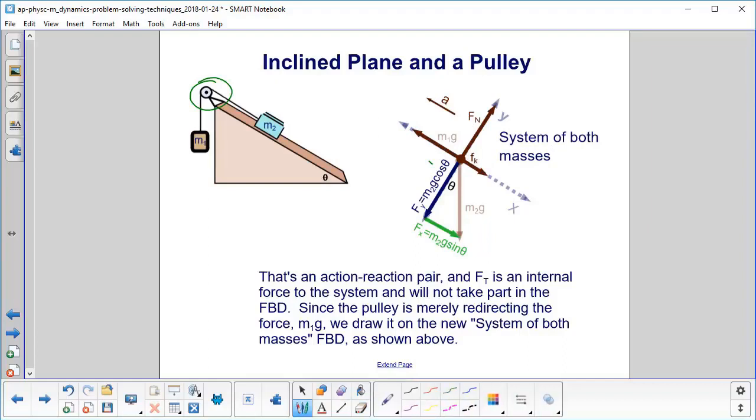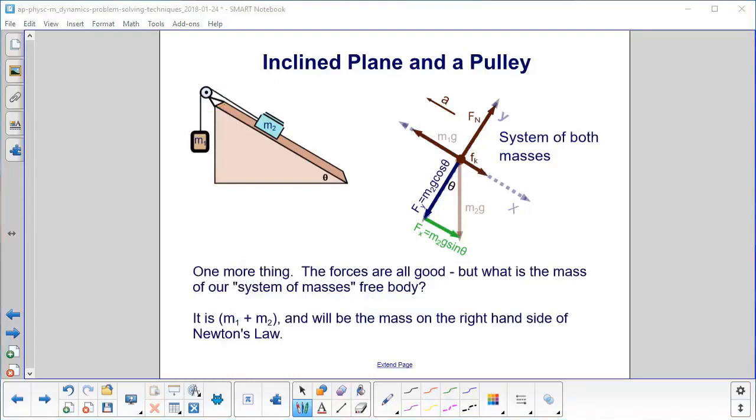We will draw it on our free body diagram for the system of both masses, as shown above. One more thing. The forces are all good, but what is the mass of our system of masses, that's represented over here? Well, it is M1 plus M2. So we have to make sure we put that on the right-hand side of Newton's law, the MA part.